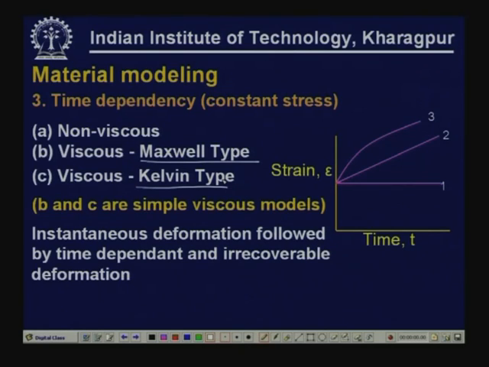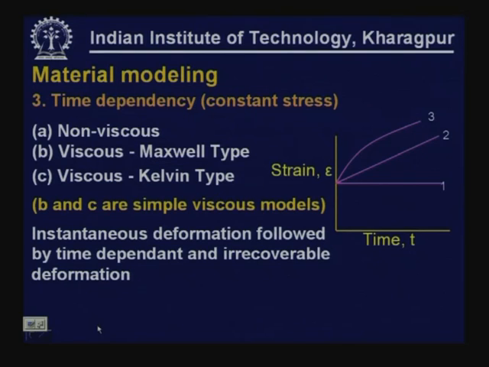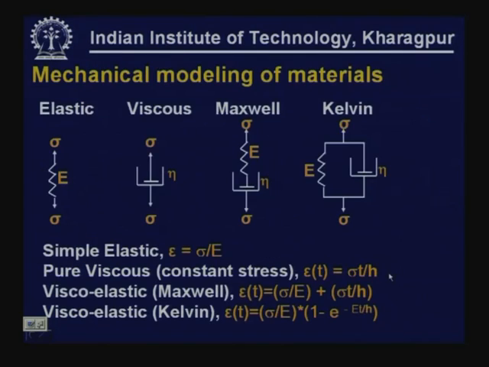There can be more complex models to properly model the complete viscous behavior of different types of materials. Normally, the instantaneous deformation is followed by time dependent and usually irrecoverable deformation. These are some simple mechanical elements that can be used to describe the mechanical behavior of different materials.